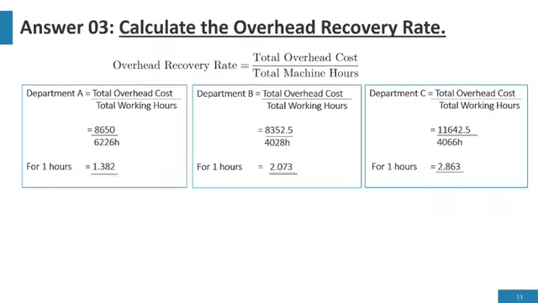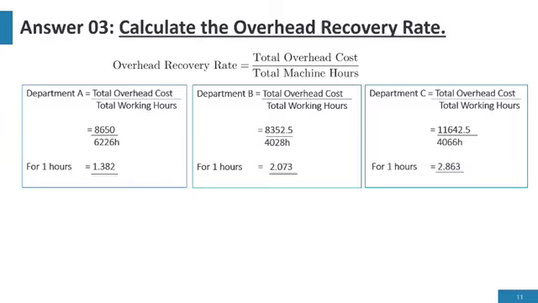Let's move on to the next one. Calculate the overhead recovery rate. Overhead recovery rate equals total overhead cost divided by total machine hours. Department A: 8,650 divided by 6,226 hours. For 1 hour equals 1.382.